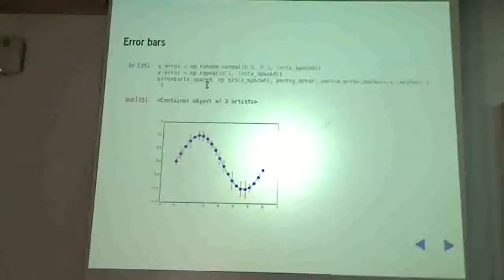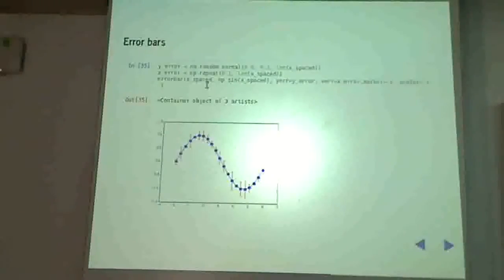Now error bars. That's also very common. So what we do is we create a y error, which is a random normal distribution between 0 and 0.2 and length of x spaced. Similarly, we create an x error, which is np.repeat 0.1, len x spaced. What does np.repeat do?